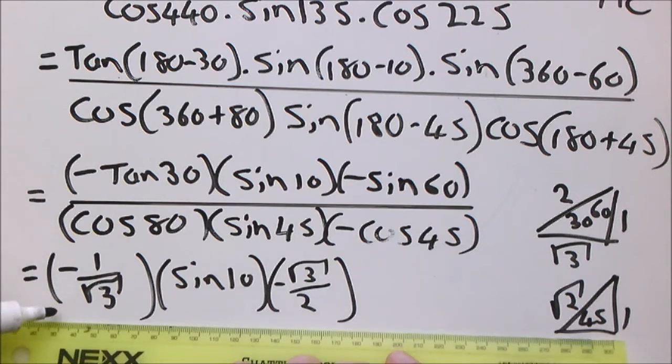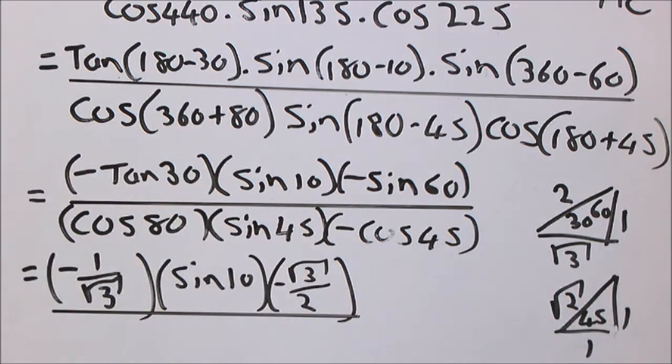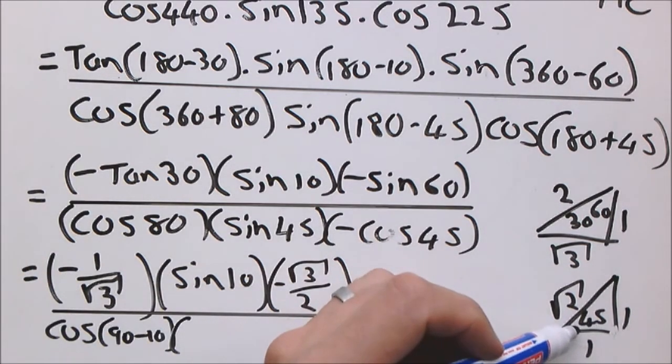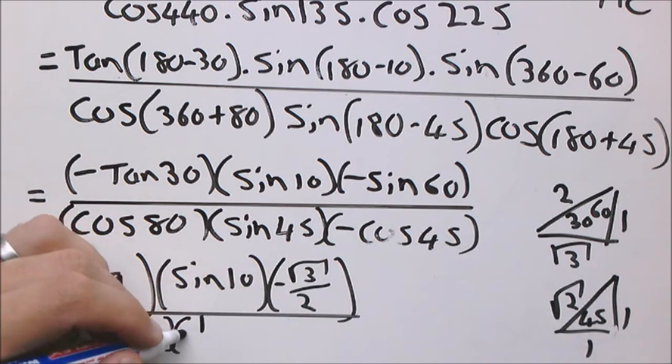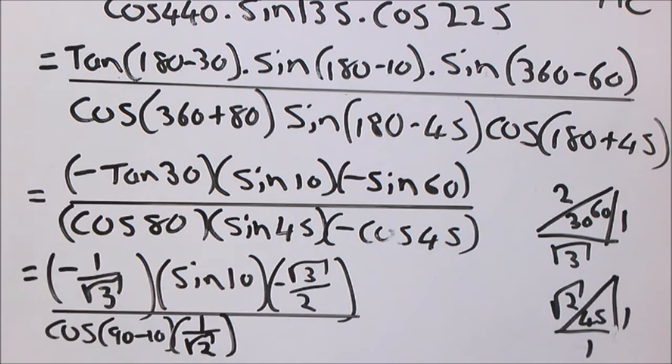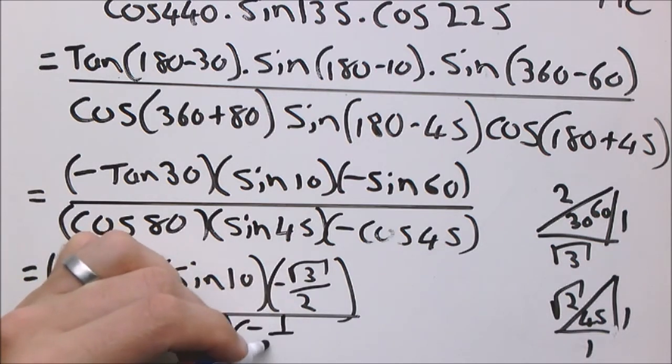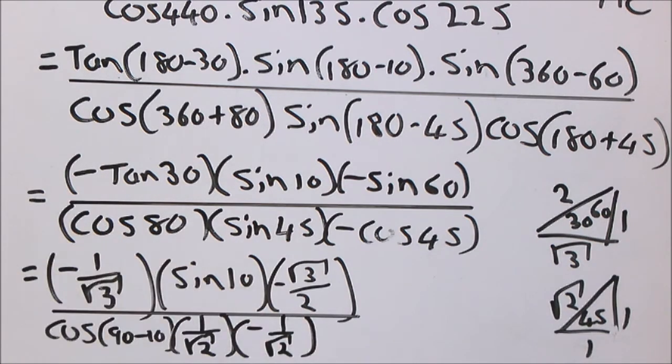Now the cos 80. Cos 80 is equal to cos 90 minus 10. And that will change into sine 10 when we use the reduction formula. Sine 45 is 1 over square root of 2. And negative cos 45 is minus 1 over square root of 2.